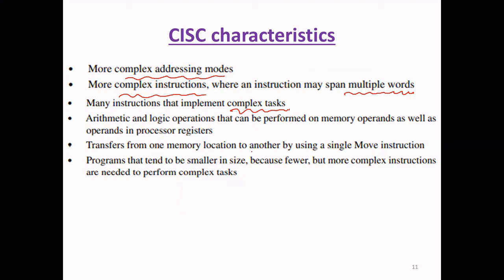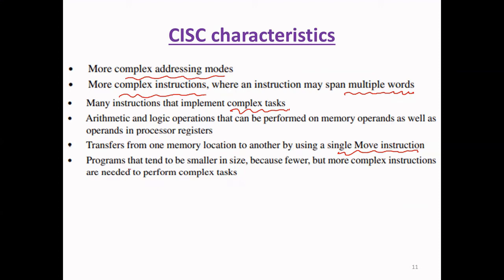Transfers from one memory location to another by a single move instruction, we can directly move. Previously in RISC, what is the principle? First bring the data from memory to a register and then register to memory. Directly moving is not possible. Here, a single move instruction transfers from one memory location to another.